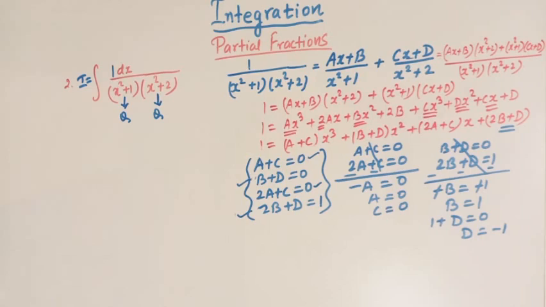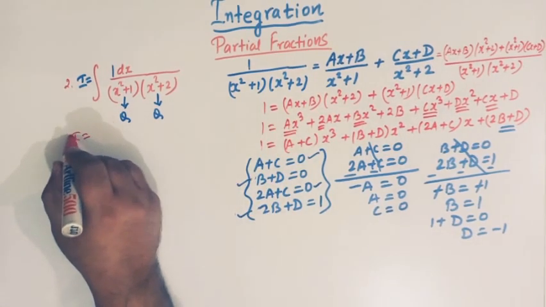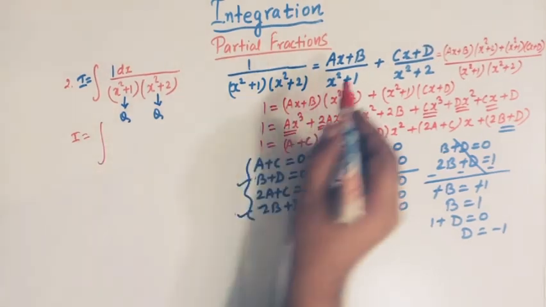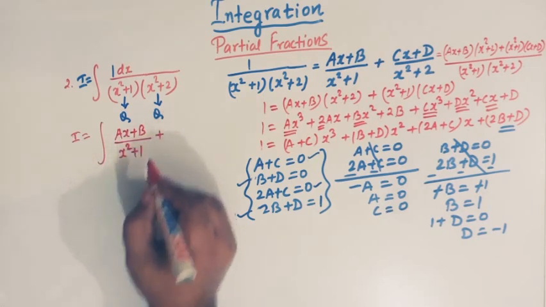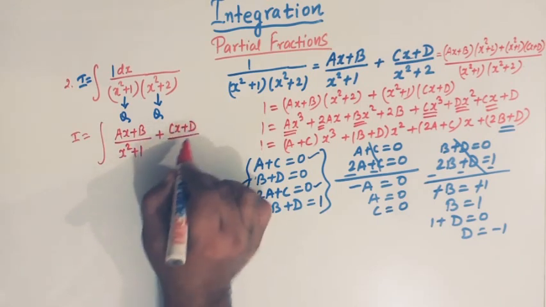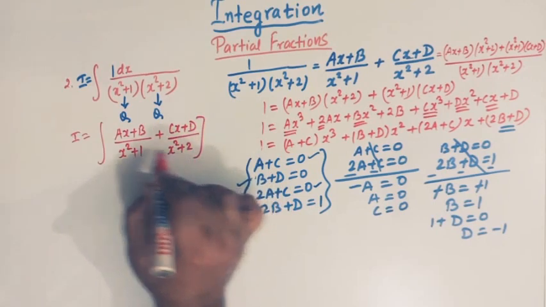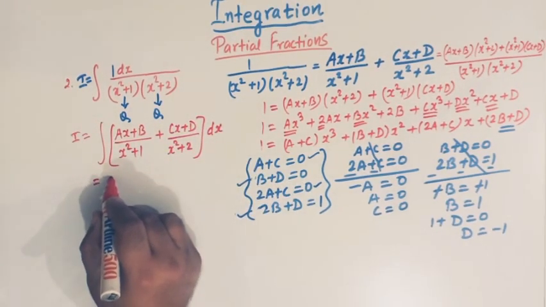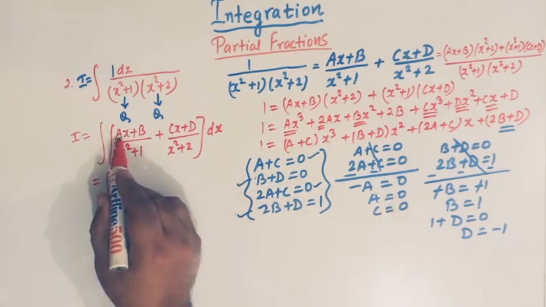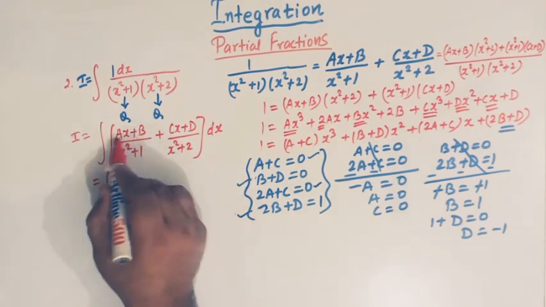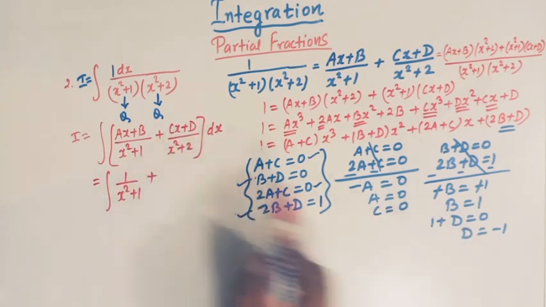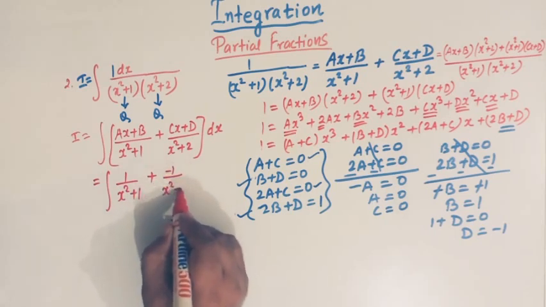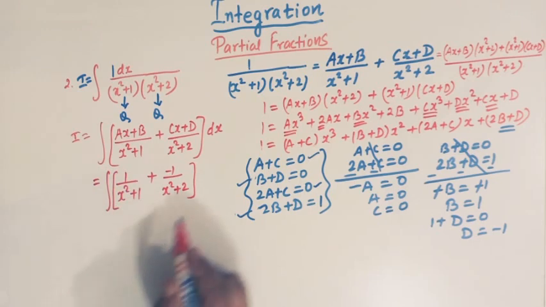Now we substitute these values a, b, c, d in this expression, so our integral I becomes the integral of ax plus b divided by x square plus 1, plus cx plus d divided by x square plus 2, dx. Substituting the values, a is 0 and b is 1, so this expression becomes 1 over x square plus 1, and c is again 0, and for d we have minus 1, so we have minus 1 over x square plus 2, dx.